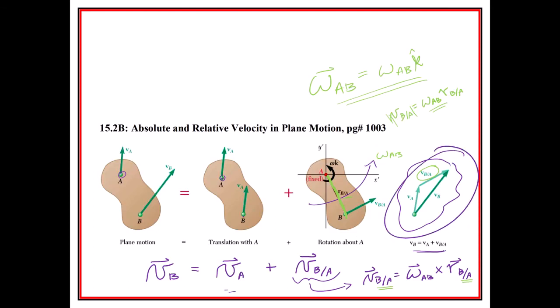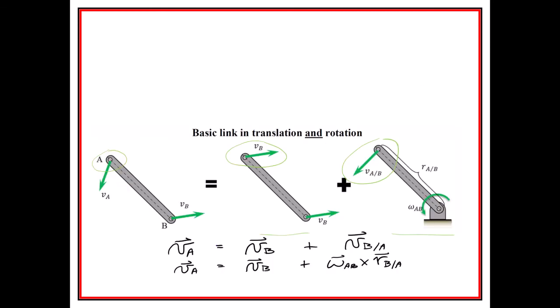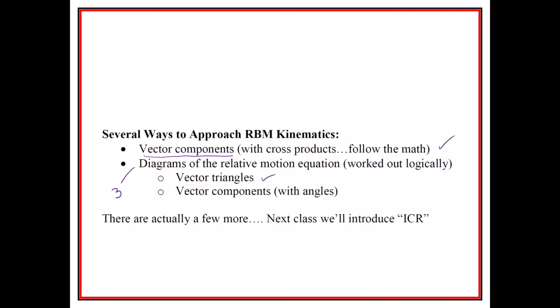After we've made up these three diagrams, we can now focus in on the point in question right here, and that's going to be B, as we've drawn right here. Remember, that's the one we're focusing on, that we're drawing the diagrams for. We can make the vector triangles for that.